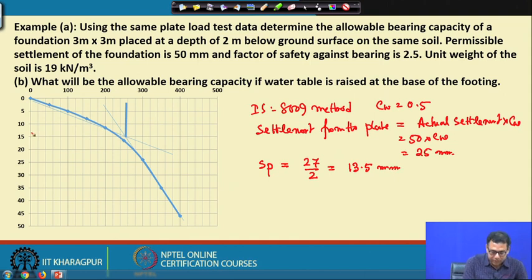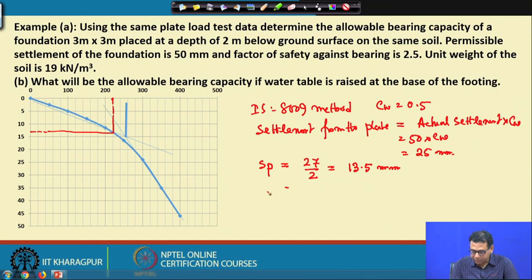So, corresponding to your 13.5 millimeter, what would be the value? This value is 220.